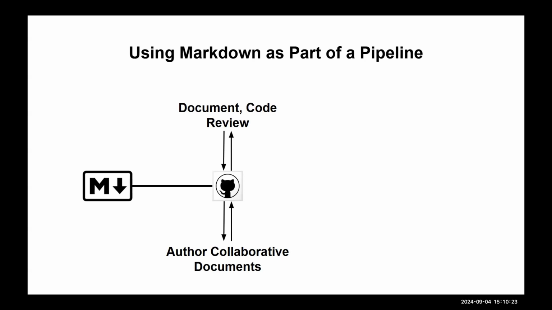So I have this Markdown file, and I've written it, and I'm going to commit it to GitHub. Being in GitHub is going to allow me to do certain things, like document reviews. Once I have this committed to GitHub, I can have collaborators look at it.